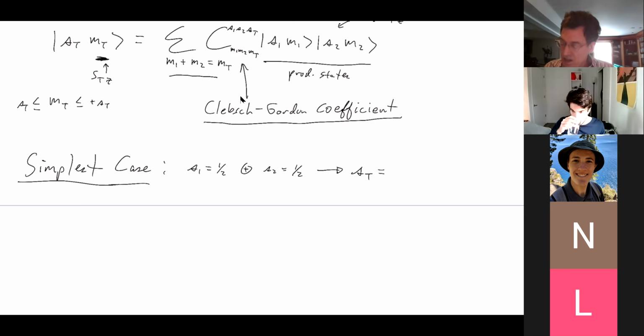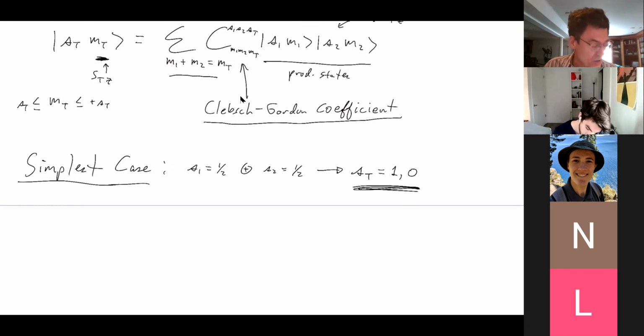When we did our rules, the long, hard way, we saw that S total is equal to the sum, which is 1, and then we ratchet all the way down to the difference, which is 0. So we got these two possible total spin states.